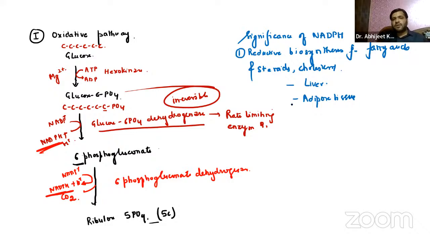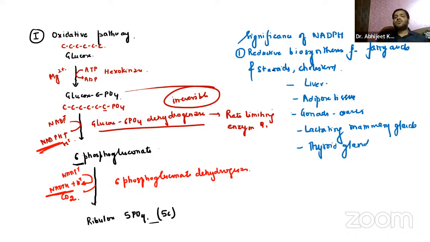We have gonads, like the ovaries, right? Lactating mammary glands. And remember one more thing, that is the thyroid glands. So again, a 1 mark question, they can ask you simply the organs where the oxidative phase operates. So the first significance of NADPH, it is used for the reductive biosynthesis of fatty acids, steroids, and cholesterol.